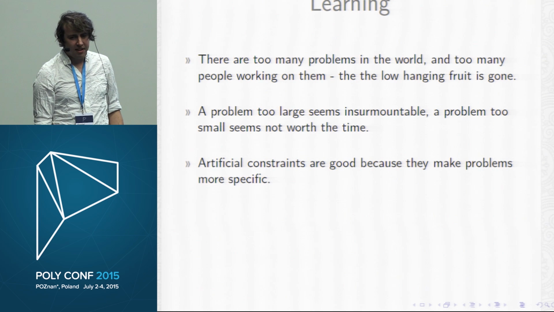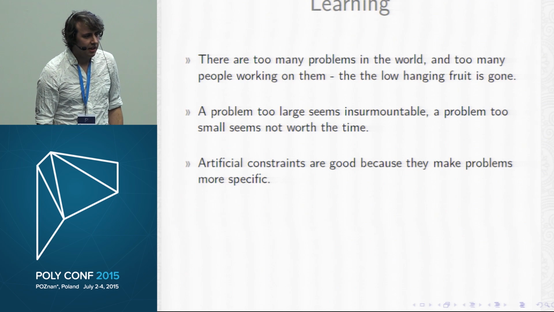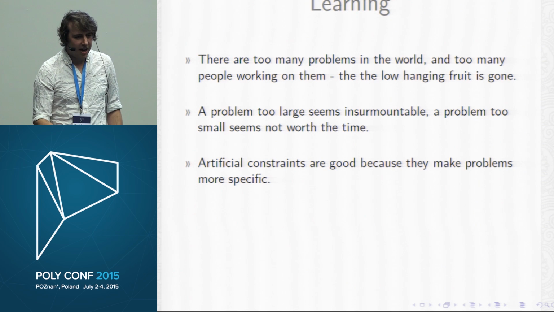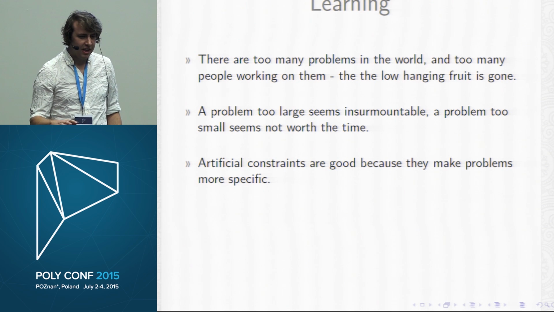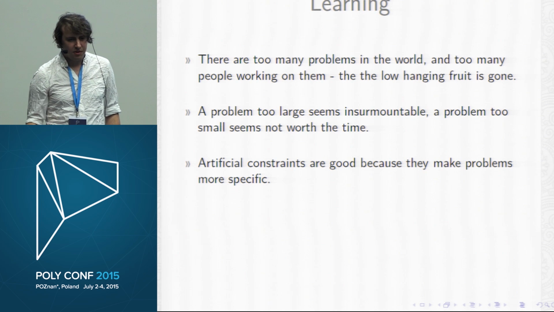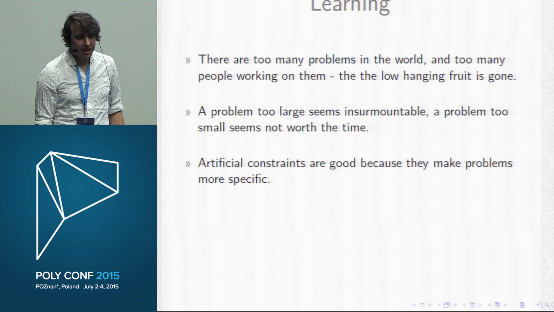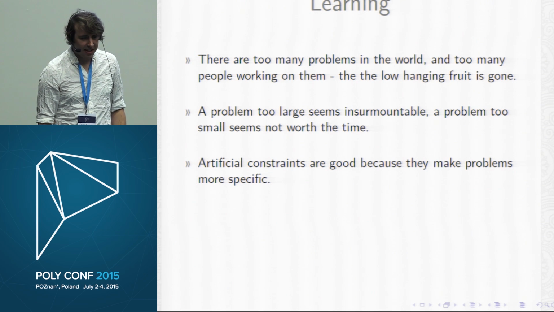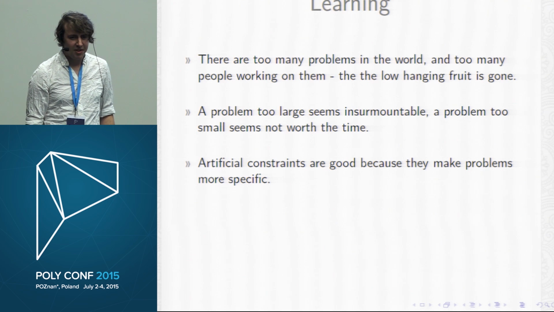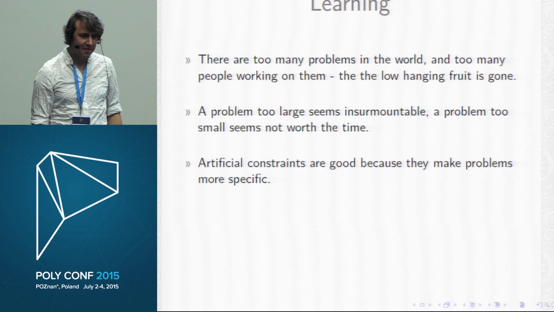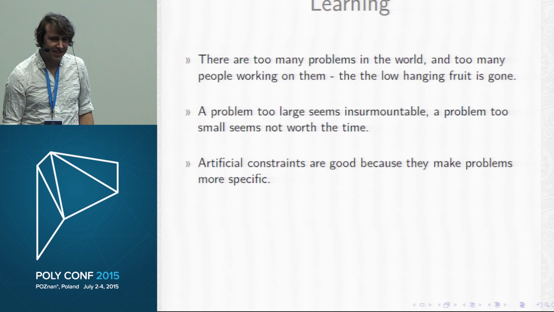So I think it's good to add these artificial constraints because they make problems more specific. If you think about trying to solve hunger in your town, so no one goes hungry in your town, you can start thinking about how it might work, talking to the council, talking to supermarkets, charities, these sorts of things. Or cleaning your desk, you can say, I want to clean my desk, but I only want to move 3 items. If you play this game a lot, probably you actually learn something interesting.